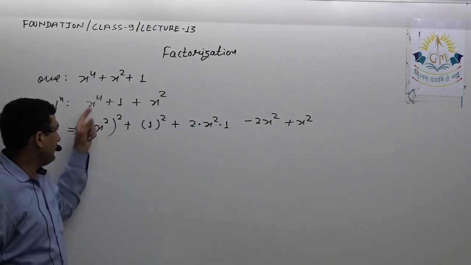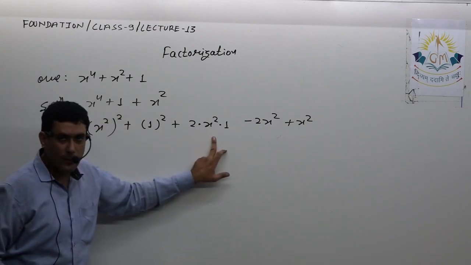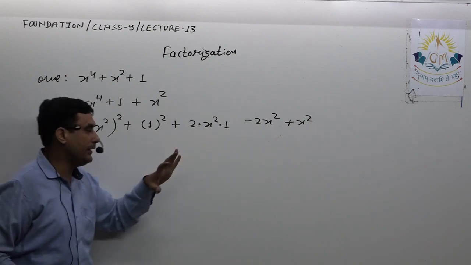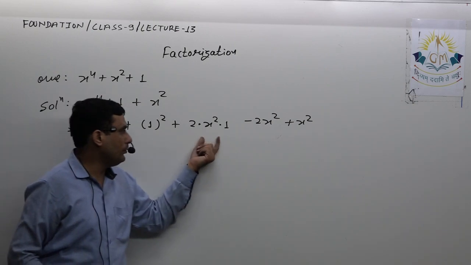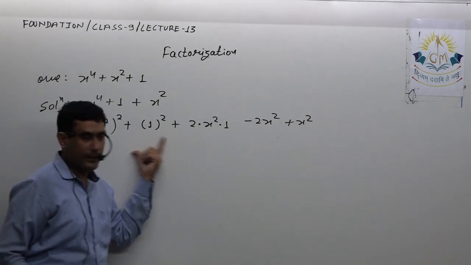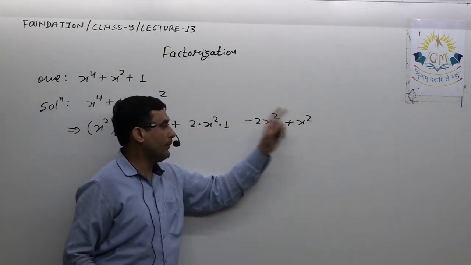These two terms I wrote according to this sequence. This third term I wrote according to these two, so that the first three give me an identity: a square plus b square plus 2ab. Now this I added extra to complete the identity. As I added this, I subtracted this, and then I wrote the remaining term.